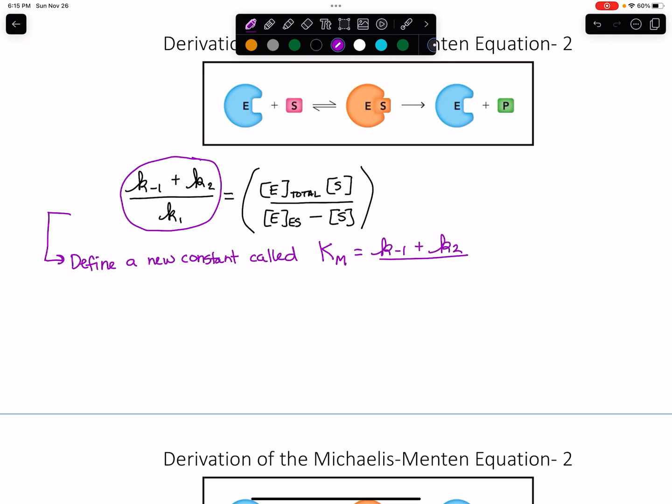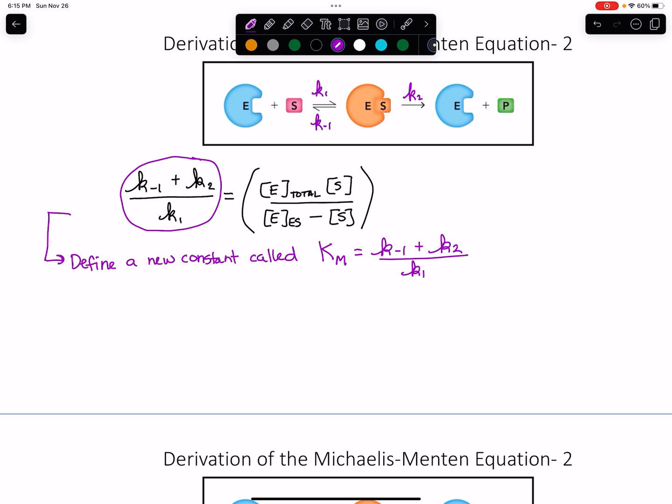All right? And if we think about what it means, so this is our K1, this is our K minus 1, this is our K2. Those rate constants define whether the enzyme substrate complex is formed or breaks down. They control formation of the enzyme substrate complex.